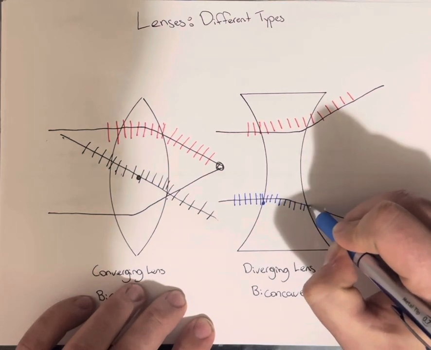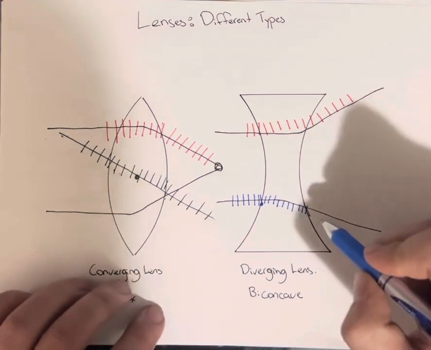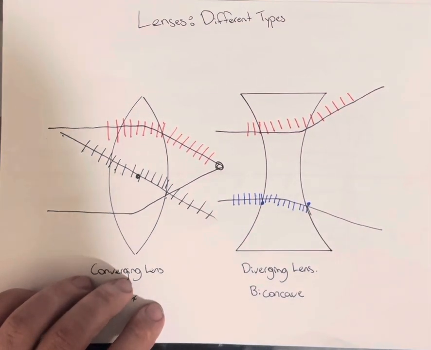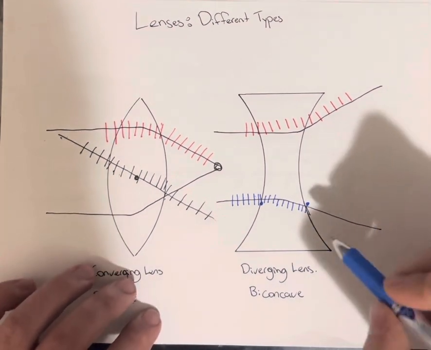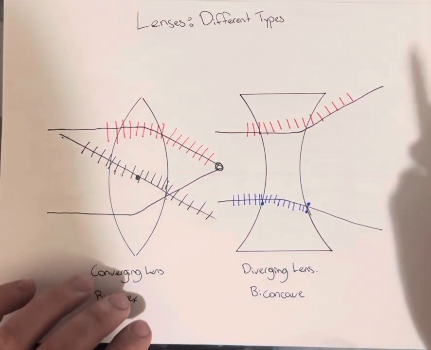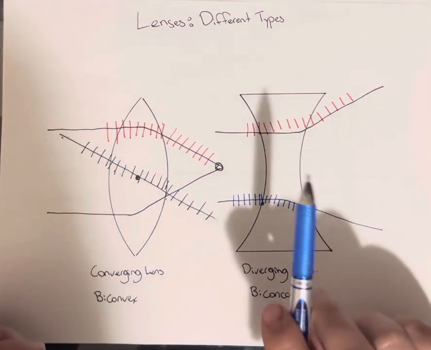Then as that comes out of the lens, this top side of the wave is going to return to its original speed. So it's going to speed up, whereas the bottom side of that wave is still traveling at that slower speed, passing through that medium.